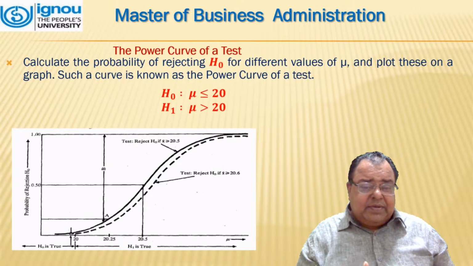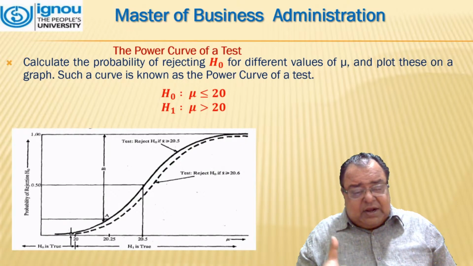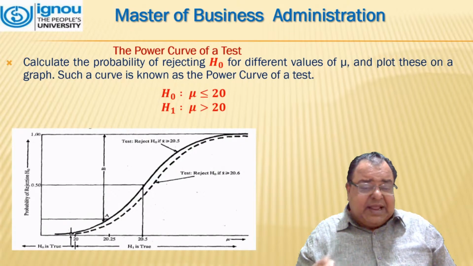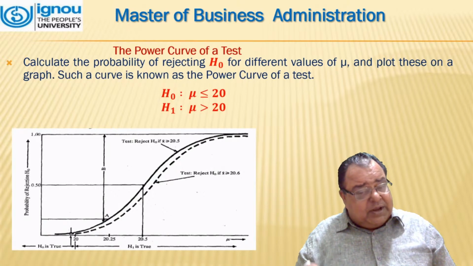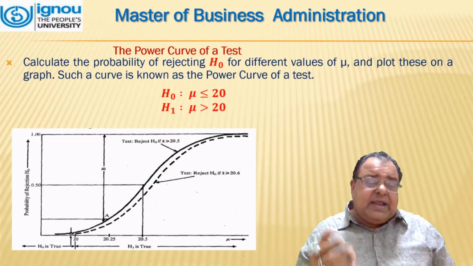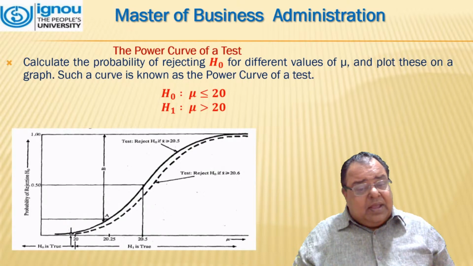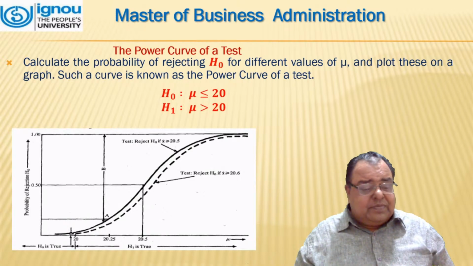When we are drawing the graph, we can see there are two lines. One is a thick line and the other one is a dashed line. The dashed line is for H naught when mu is greater than or equal to 20.6, and we are rejecting H naught at x bar greater than or equal to 20.5.